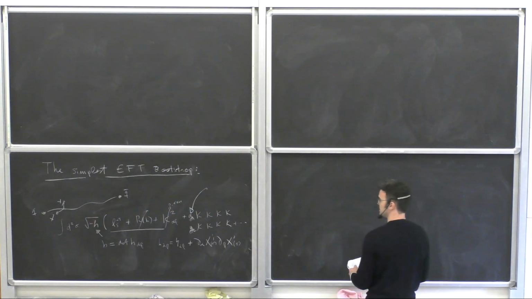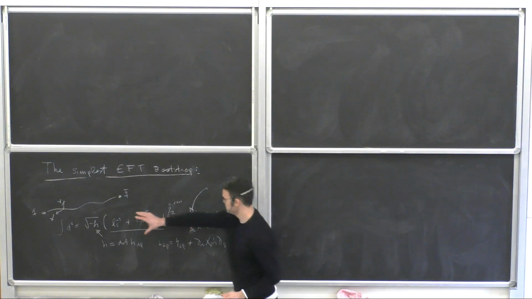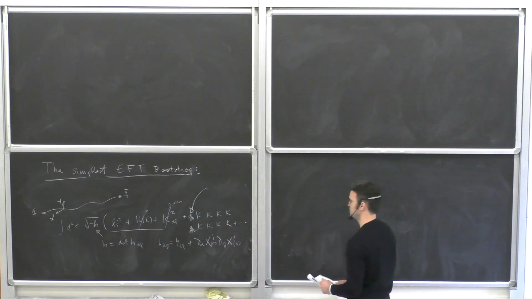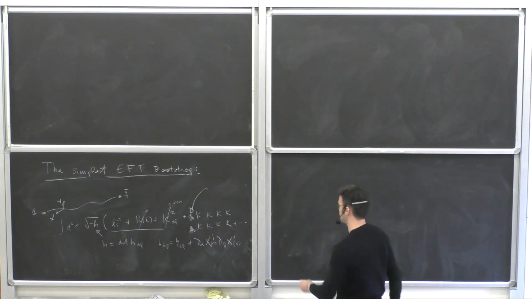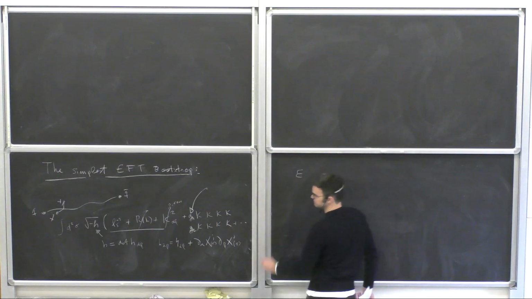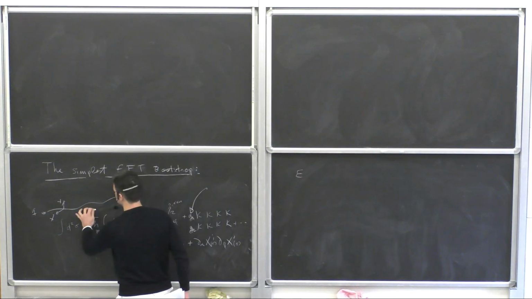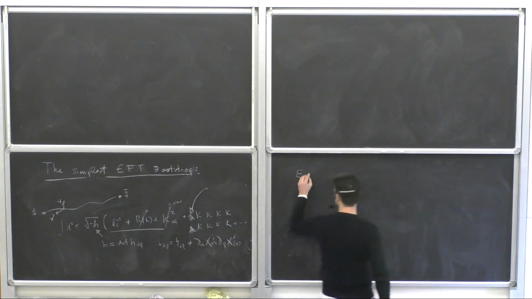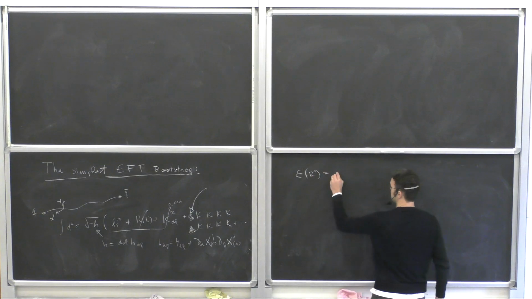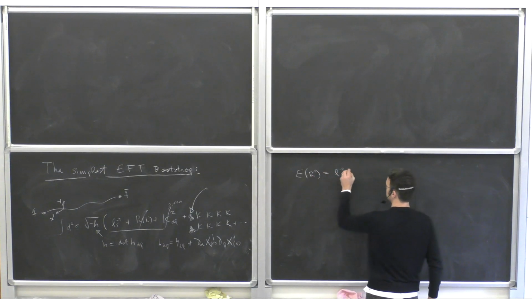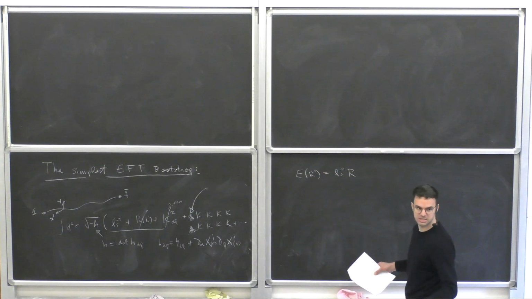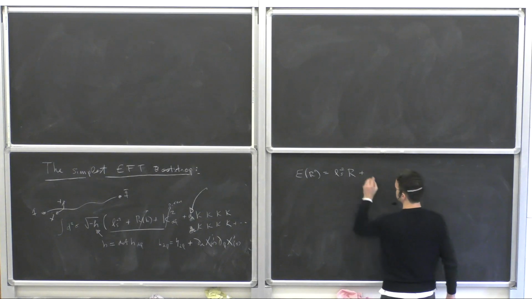Now, the universality that we observe here at the level of the action translates to the observables. We're describing the vacuum energy of this object as an expansion. At large distance, it grows with the distance, and then we have 1 over r corrections.